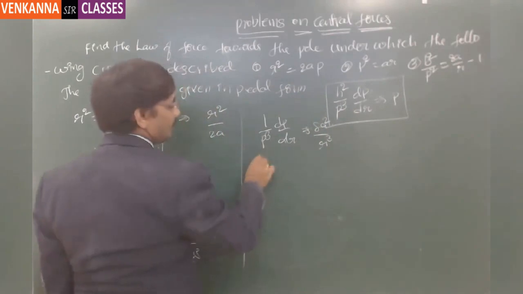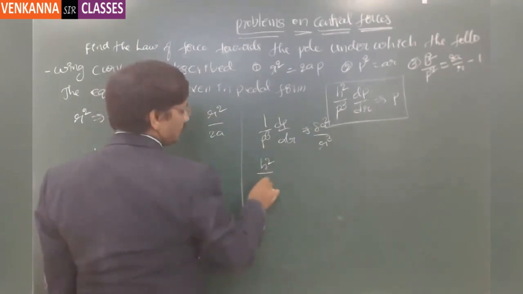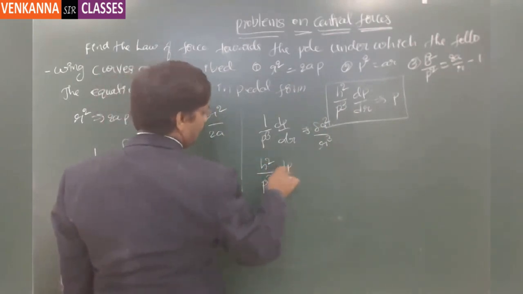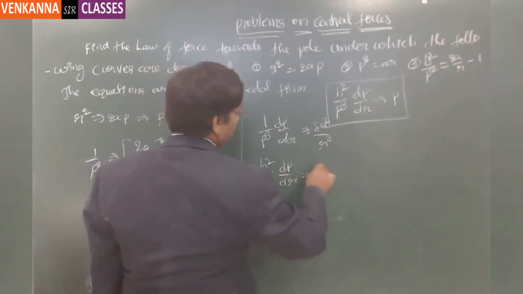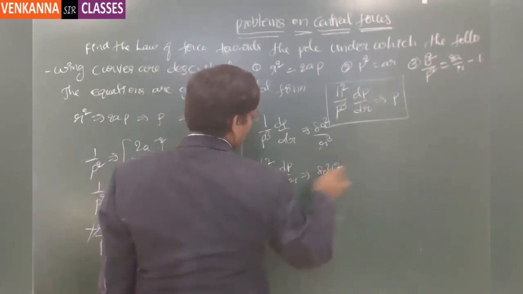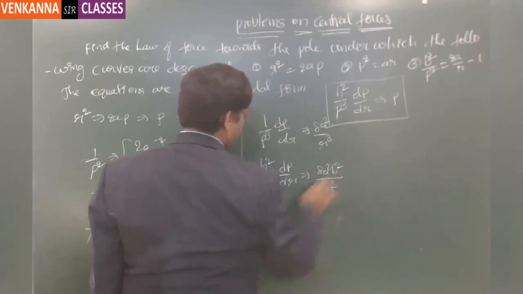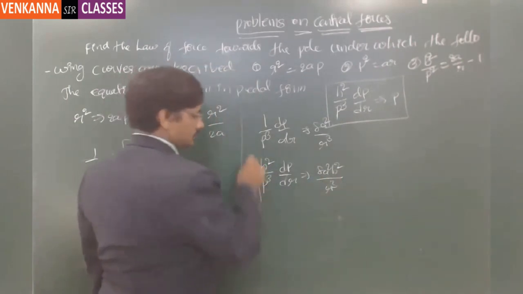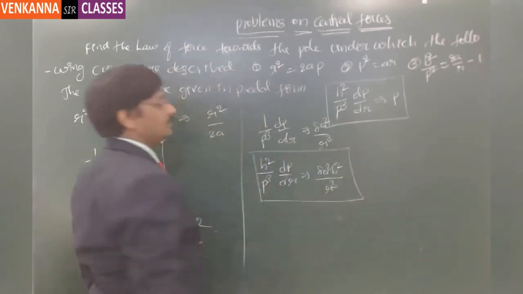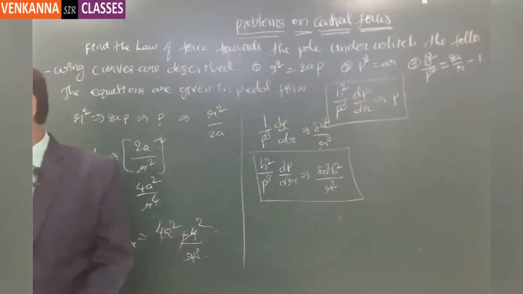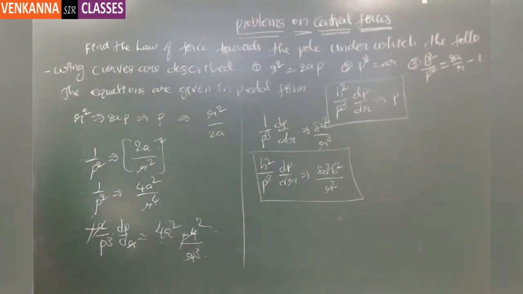If you multiply on either side by h square, h square by p cube into dp by dr is equal to 8a square h square divided by r cube. So this is the equation of the central orbit, and this gives the law of force. Got it? Understood?